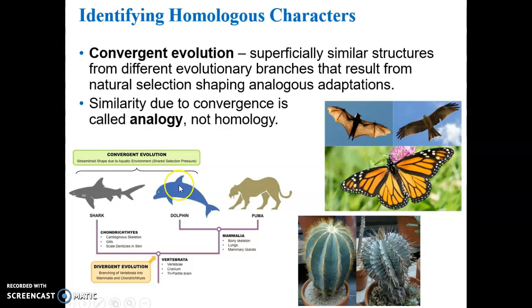Their structural shapes, fins and tail fins, and streamlined body are analogous characters or structures, not homologous. These two are not closely related. But the reason their shapes are somewhat similar is due to convergent evolution, right? They have analogous shapes, or their structures are analogous structures or analogous characters.